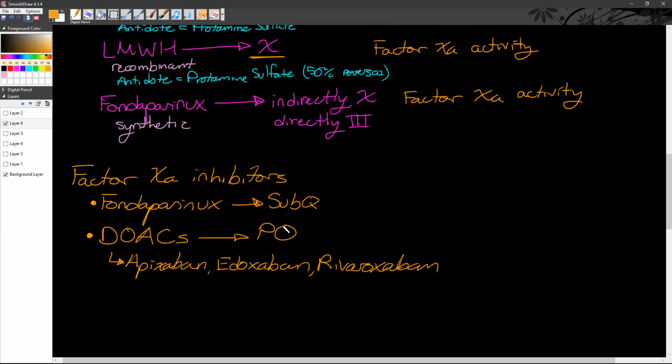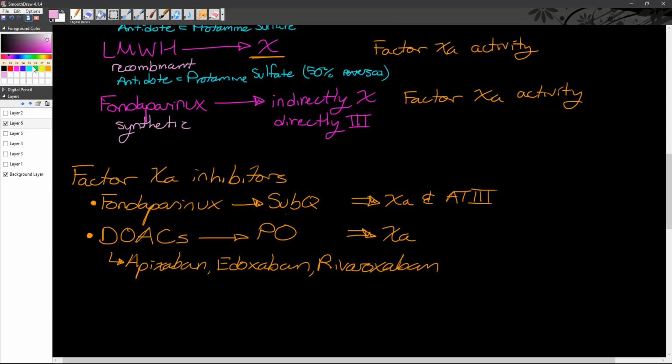That's really what they are used in, right? So whereas fondaparinux is working on 10A and antithrombin 3, the DOACs are working on 10A only. They have no role in antithrombin 3. So that's the major difference between them.